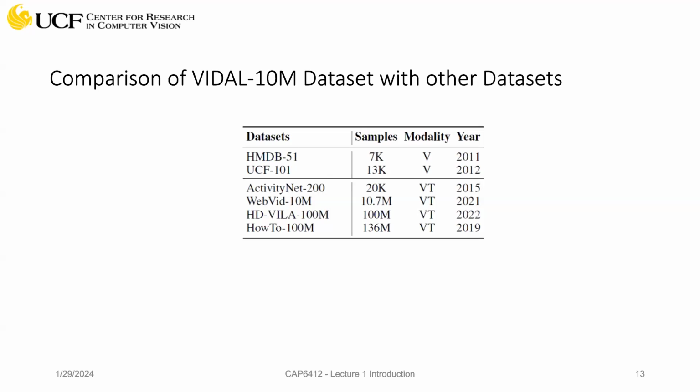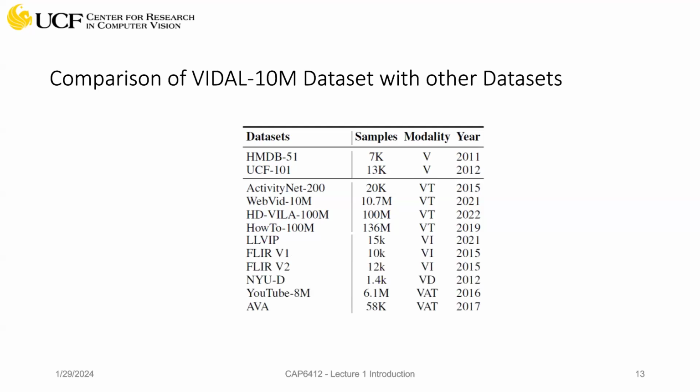Then we have ActivityNet and WebVid. These data sets have video and text, two modalities, up to 100 million samples and so on. And then we have these data sets where we have video and images, like infrared images.